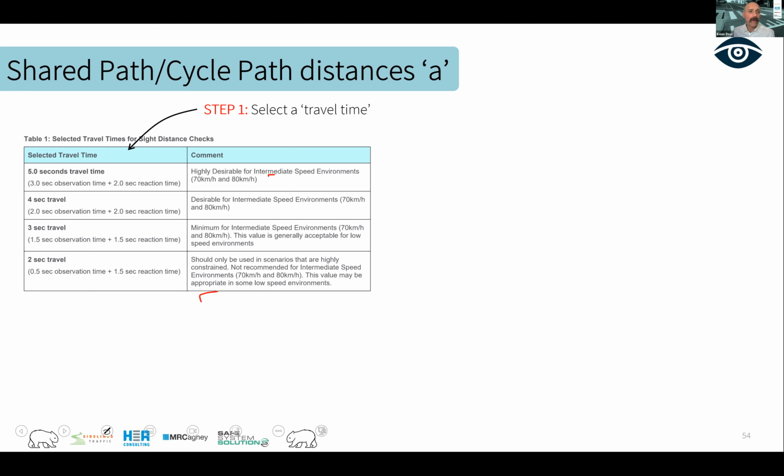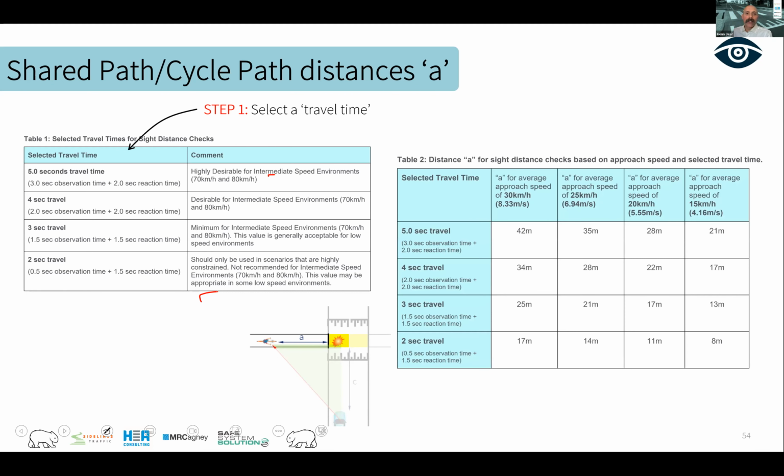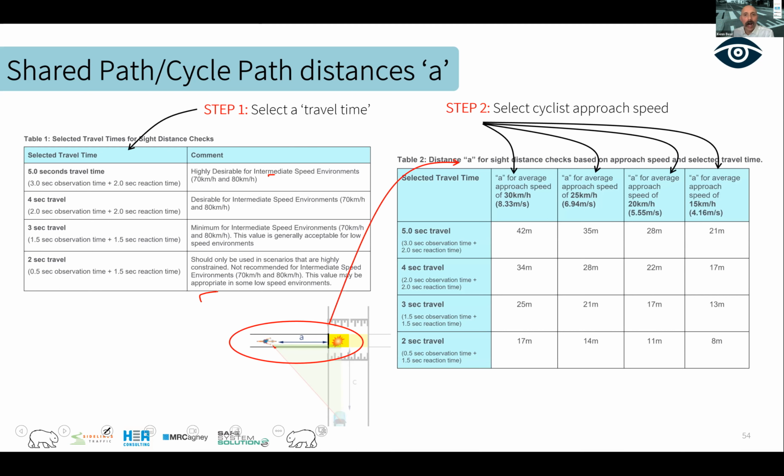So step 1, we pick one of those travel times based on those comments and that scenario, which includes observation time and reaction time. And so let's work out A. What's our setback of A? So that point we're looking at the cyclist. So we go to another table, and this has sort of been done for you in terms of the calculations, and you can simply look there and say, okay, what is A? Well, I want to think about what approach speed the cyclist will be coming at.